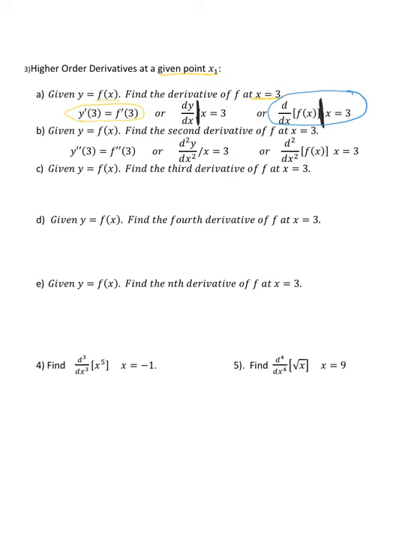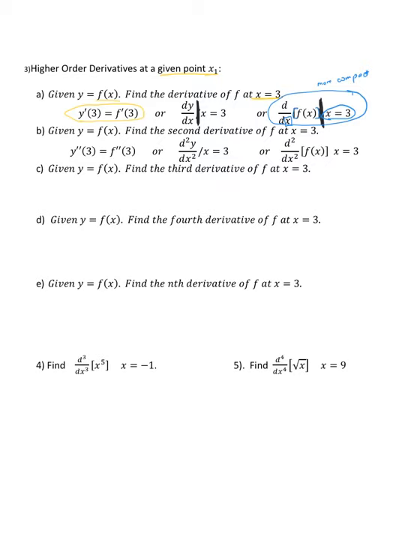A D with a box here, and a D box, vertical bar, and then we type in x equals 3. All of these do the same thing. The last one that I circled in blue is more compact. We don't need to know what f of x is because f of x is written out for us, the rule.